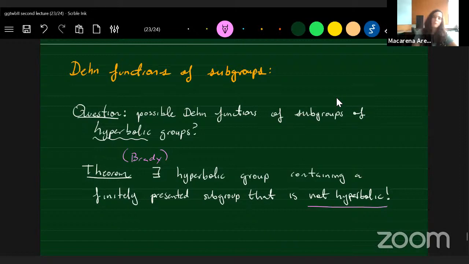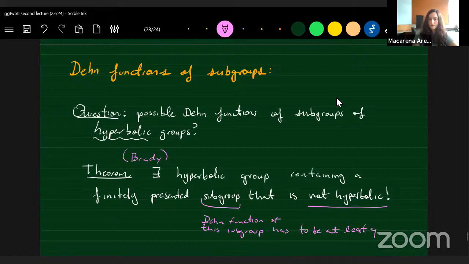This does not give us very direct information on the Dehn function of this subgroup, but it does tell us that the Dehn function of this subgroup has to be at least quadratic. So we know that.